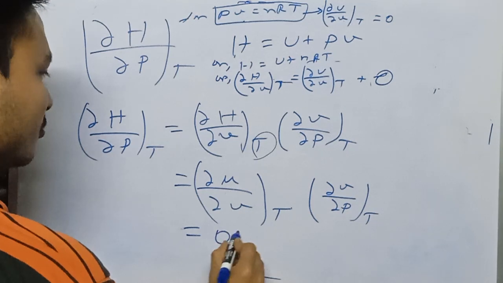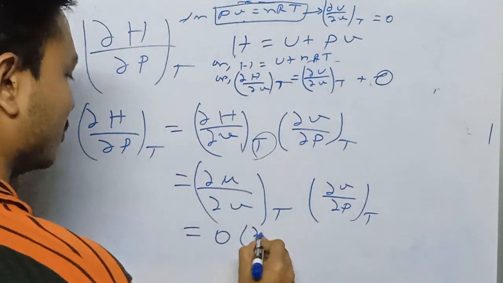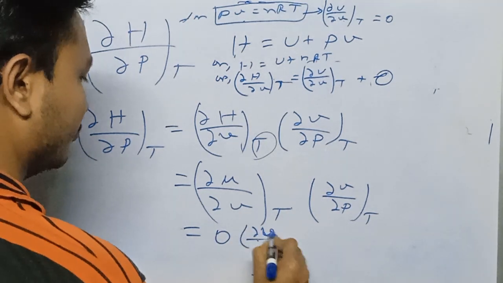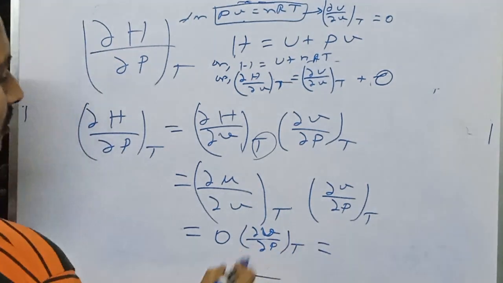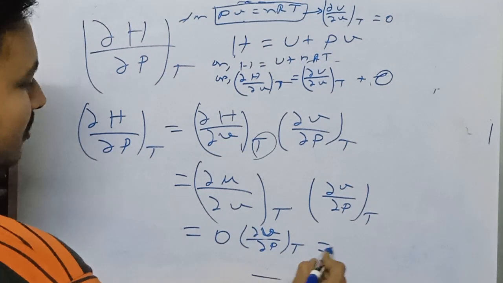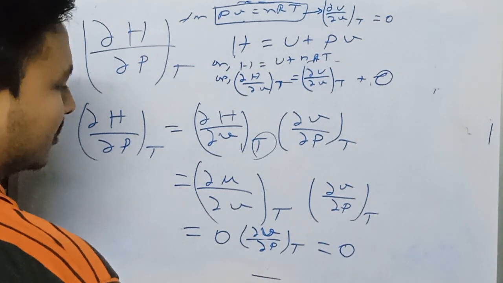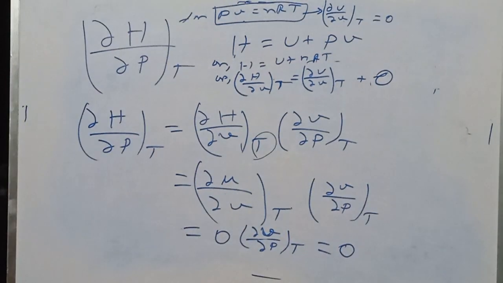So put 0 into ∂V/∂P, which is non-zero, so this is 0. So ∂H/∂P at constant T is equal to 0.